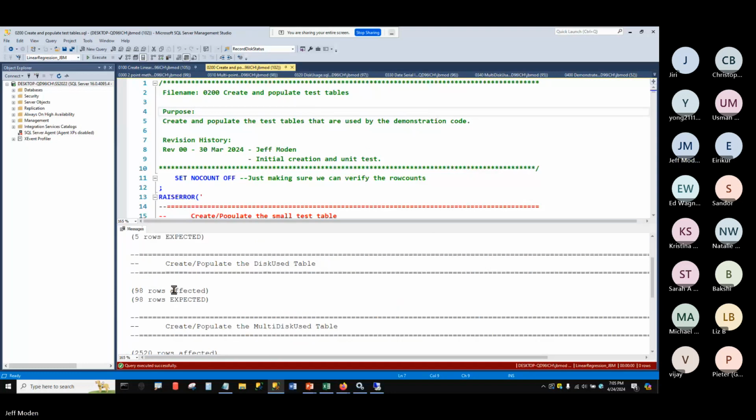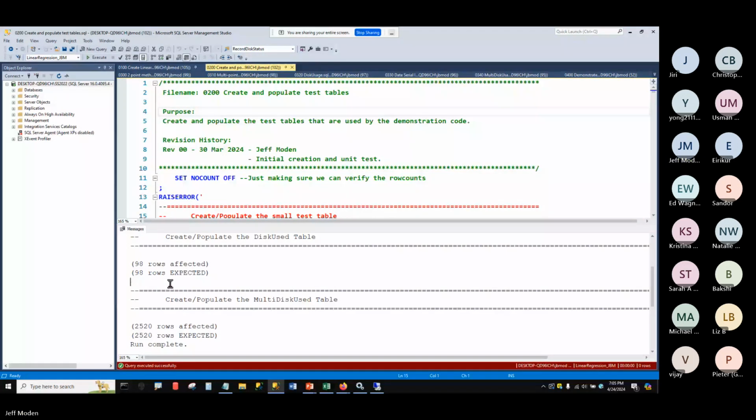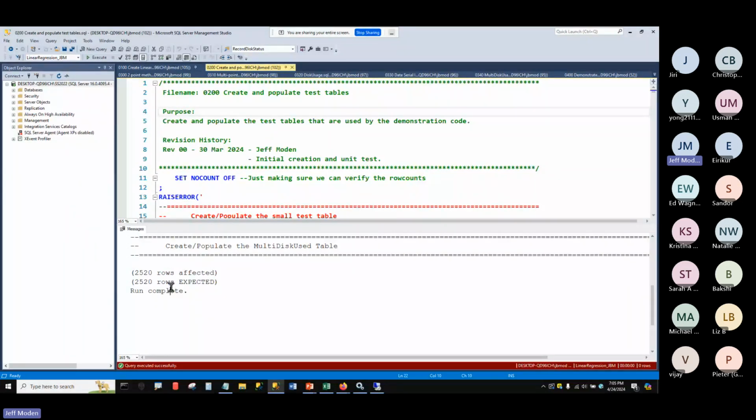We have a small test table with 5 rows, a disk used table with 98 rows, and then a slightly larger table with, this is our multi-disk used example, a little over 2,500 rows. And I've tested this method on a 100 million row table, and it's fast. It is really fast, especially if you have the right index on it, and you know, for the table scan.